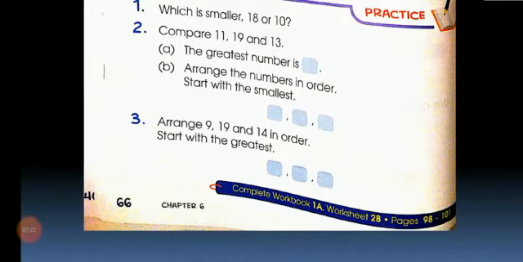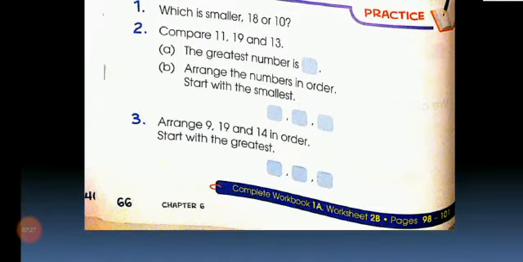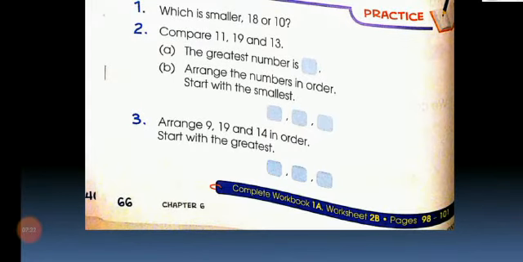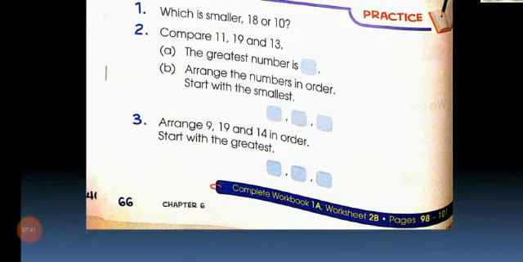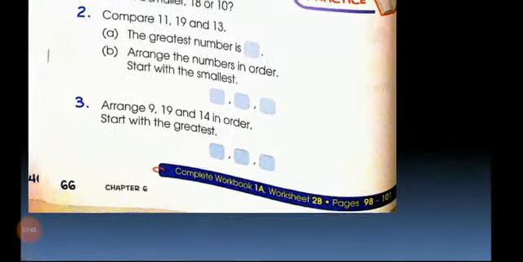First of all, we have done from the smallest. Now we have to start from the greatest. Which is the greatest number here? Yes, 19 is the greatest number. Write 19. Then comes 14. Then 9. 19, 14 and 9.